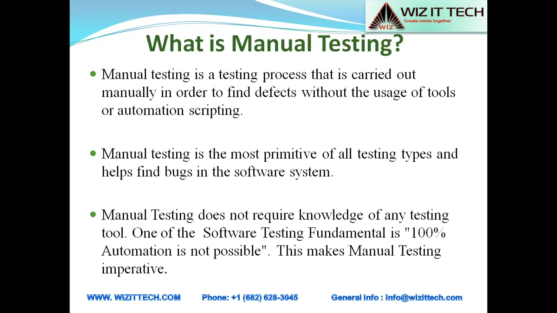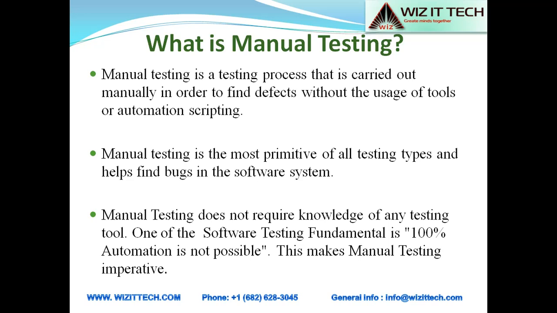What is manual testing? Manual testing is a testing process that is carried out manually in order to find defects or errors without using any automation tool or developing any automation scripting. Right? Manual testing is a process we do manually. We are not using any automation tools here. Manual testing is the most primitive of all the testing types.